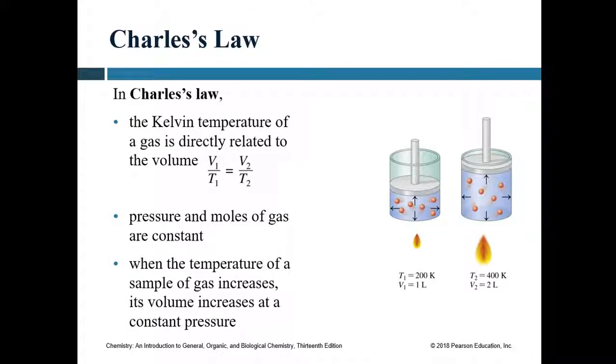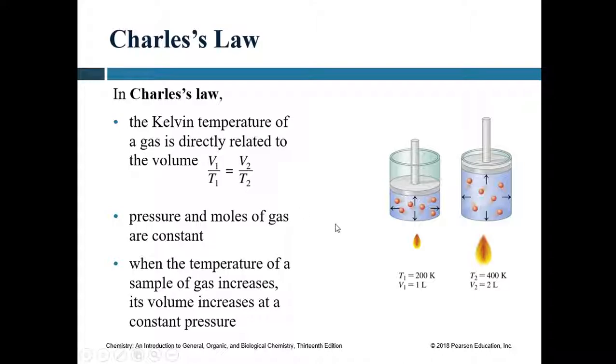So in Charles's law, the Kelvin temperature of gas is directly related to the volume. Directly related, unlike back in Boyle's law where it was inversely related. And we have our equation, V1 over T1 equals V2 over T2.